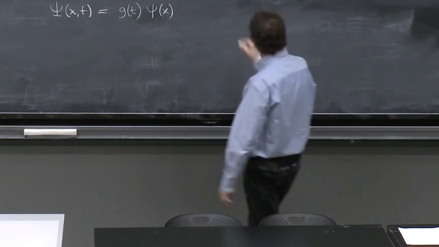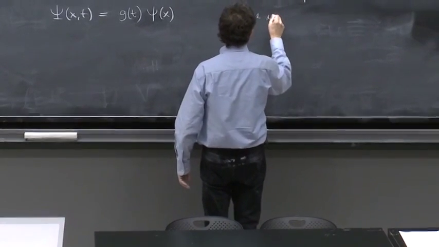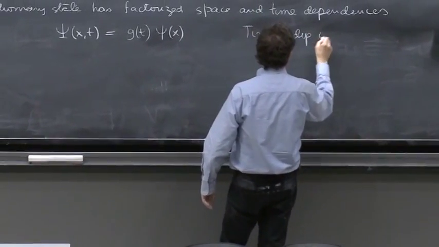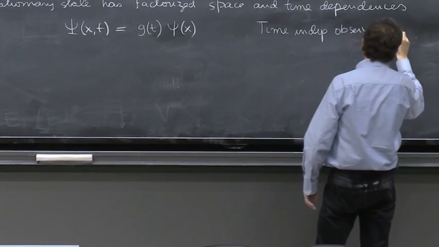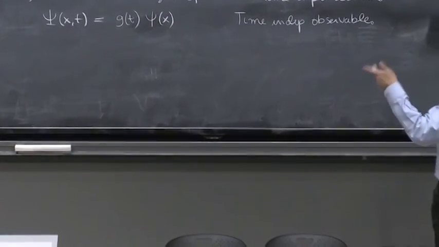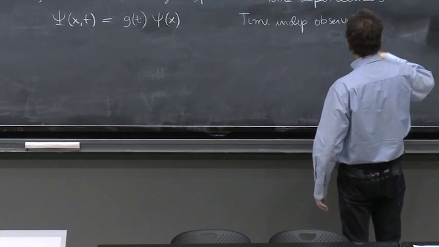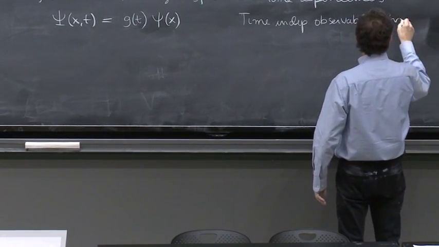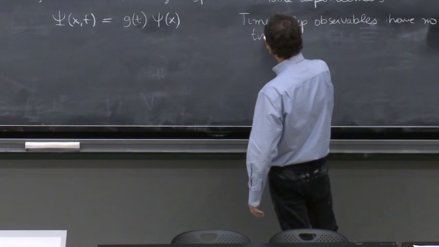So, what we call time-independent observables, which are all observables that are familiar at this moment, the Hamiltonian, the momentum, the position, the angular momentum, have no time dependence.